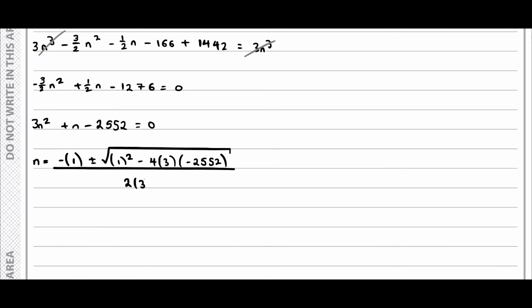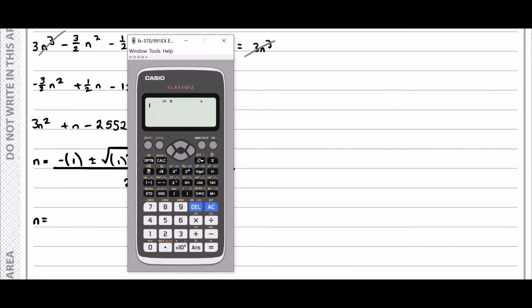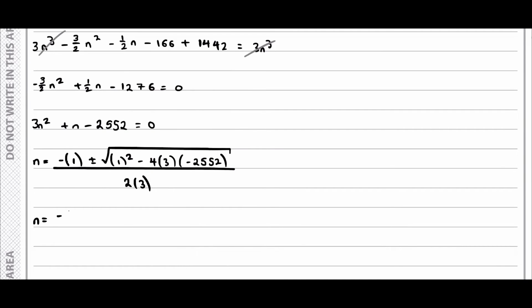So we can find the values of n. So if we go to our equation, we have a polynomial of degree 2 with coefficients 3, 1, minus 2552. We end up with 29 and minus 88 over 3. So we have n equals minus 88 over 3 and 29. N is equal to 29, which is our final answer.